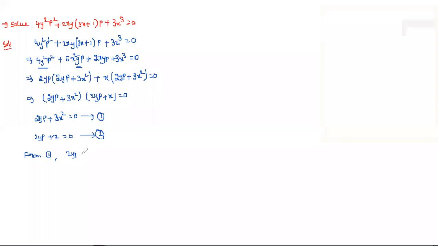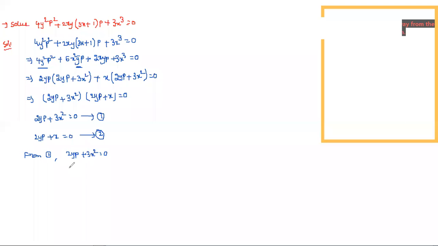So 2yP plus 3x square is equal to 0. Okay. Now, 2y into P is nothing but dy by dx is equal to, take this 3x square to the right hand side, minus 3x square. So we can apply variable separable, right? By variable separable, simply what we can write? 2y dy is equal to minus 3x square dx.